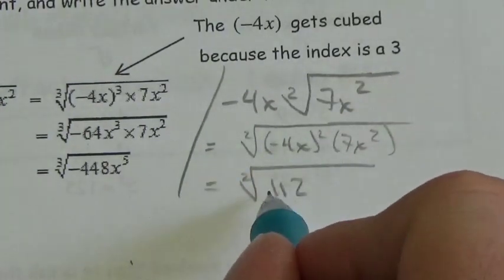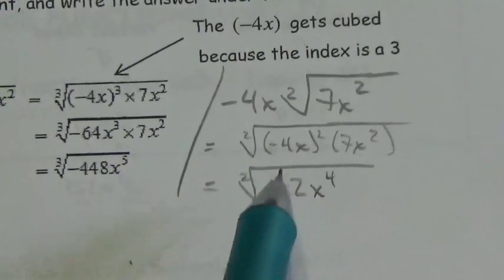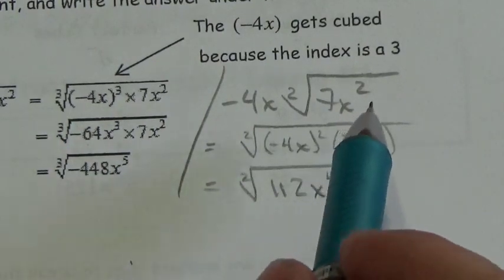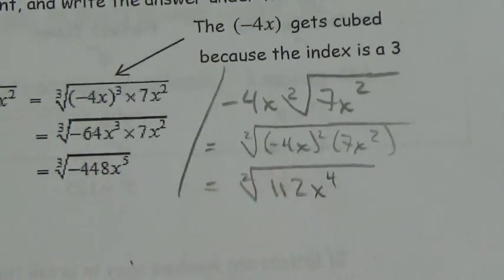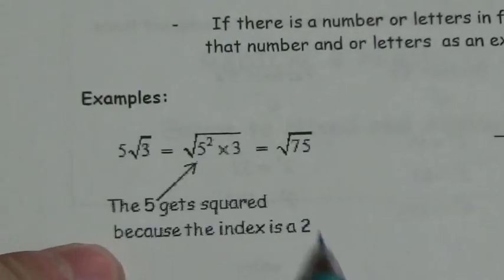The negative squared is positive, and then you get x squared, so x to the 4th here. But this is incorrect, and the reason why it's incorrect is because when I convert from one form to the other, I shouldn't actually be changing the value of the expression or what it represents. There should be no change here.